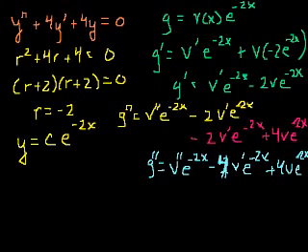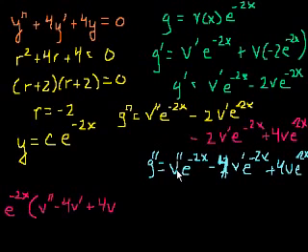The second derivative, g prime prime, we can write as e to the minus 2x times the second derivative. Now we can get rid of the e to the minus 2x terms. So that's v prime prime minus 4v prime plus 4v.